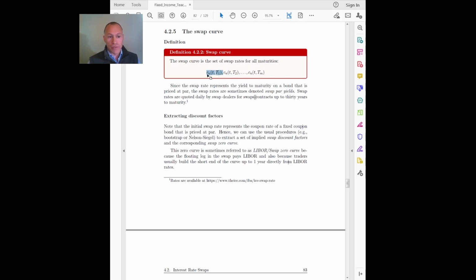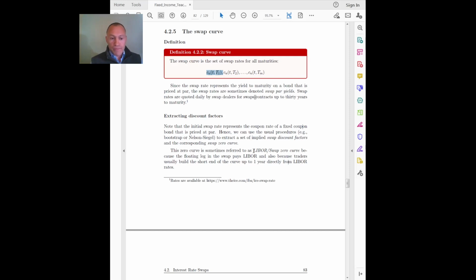And so we can also interpret this number as the yield to maturity on that bond. We want to extract the zero coupon rates that are implied in these bond prices, if you will. Again, I can look at the swap quote as a fixed rate bond that pays a coupon equal to that swap quote.